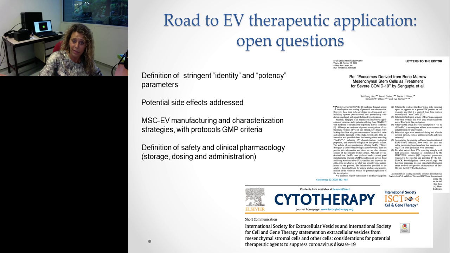You can go and read that. The International Society for Extracellular Vesicles and that for Cell and Gene Therapy underlined the necessity of following several criteria of stringent identity of what is produced and given to the patient. Potency parameters.